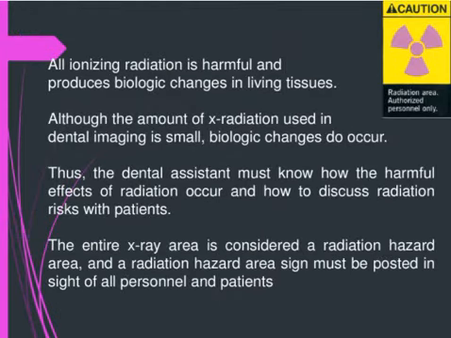So we all know that radiation is harmful. What kind of radiation is harmful? We say ionizing radiation is harmful. So you now know what ionization is. Ionization is the process by which an atom which does not have a charge is split into a negative and a positive ion.